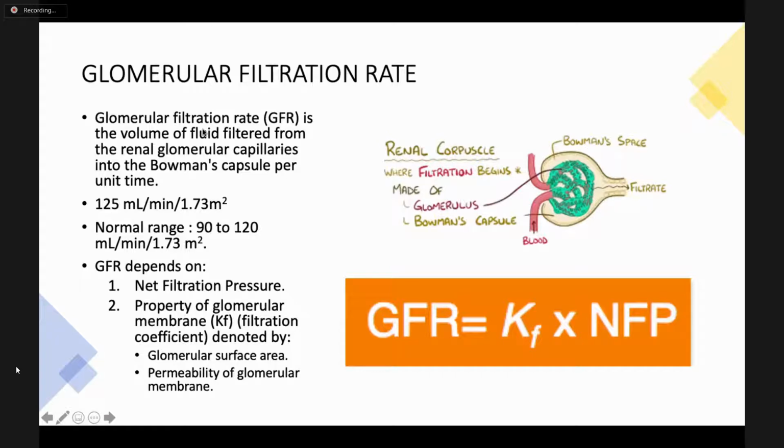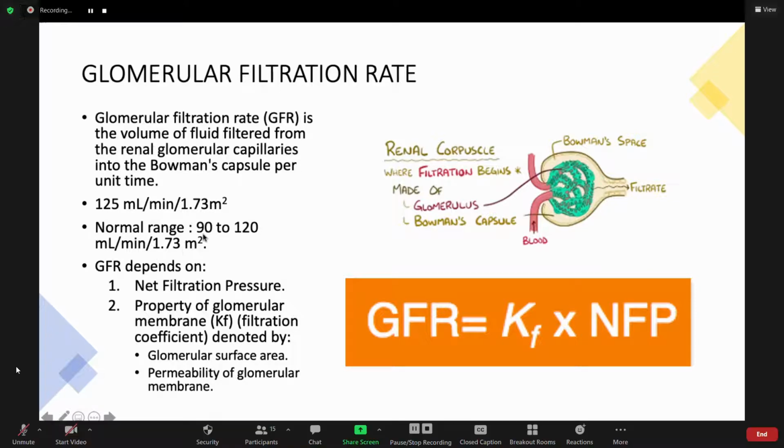Later during the viva, don't be afraid. If someone asks, just think of the words and you will get the answer. Okay, in the textbook, it is 125 ml per minute for an average 1.73 meter squared. Normal range is 90 to 120, but I think very rarely for us, not nephrologists, to do this, right?